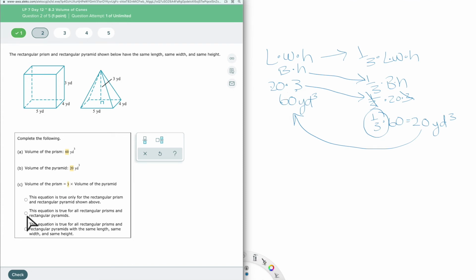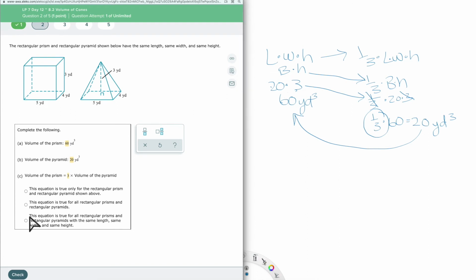So this equation is true only for the rectangular prism and rectangular pyramid shown above. So it wouldn't work for other ones, is what that says. This equation is true for all rectangular prisms and rectangular pyramids. This equation is true for all rectangular prisms and pyramids with the same length, the same width, and the same height. So that's a very important distinction there. It wouldn't be true for all rectangular prisms and all rectangular pyramids, because they could have different lengths, widths, and heights.